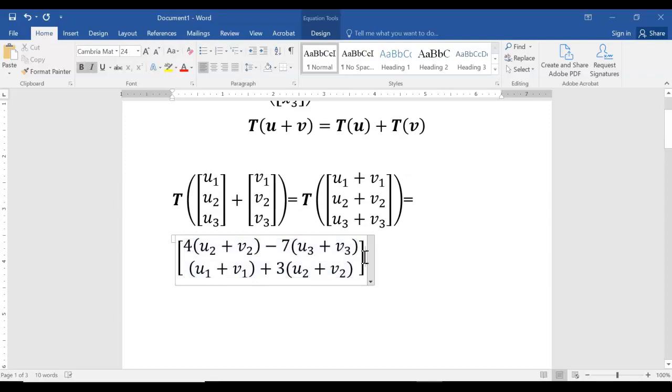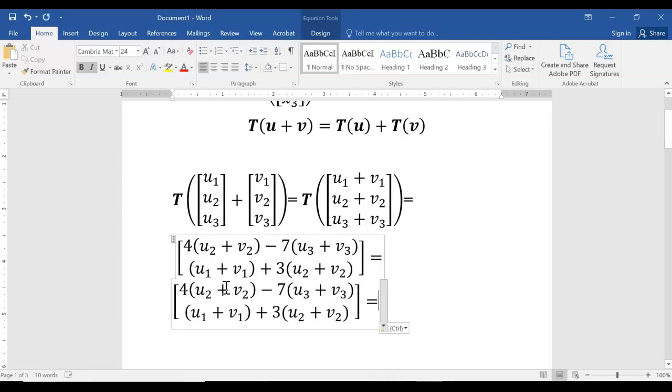Now I'm going to simplify that real quick, and the only thing I'm really going to do is distribute the 4 into both spots and distribute the negative into both spots of the first entry, and of the second entry I'm just going to get rid of these parentheses, they're not needed, and distribute that 3 in. Okay, so hopefully that makes sense.